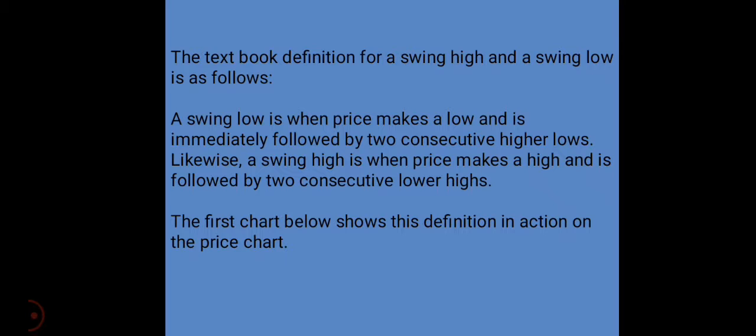That is a swing low. And likewise, a swing high is when price makes a high and is followed by two consecutive lower highs. That is when you have a bullish candle and then it's followed by two bearish candles going down.